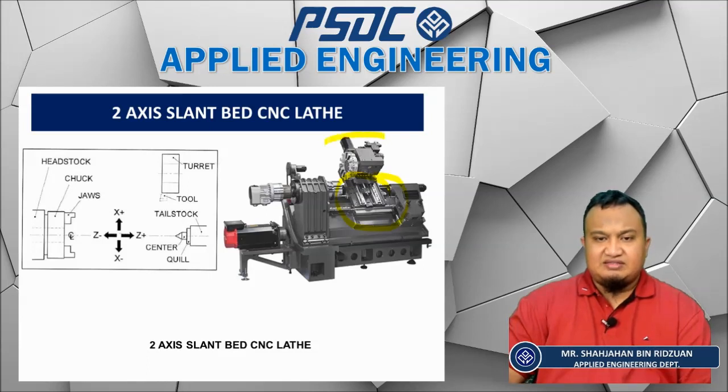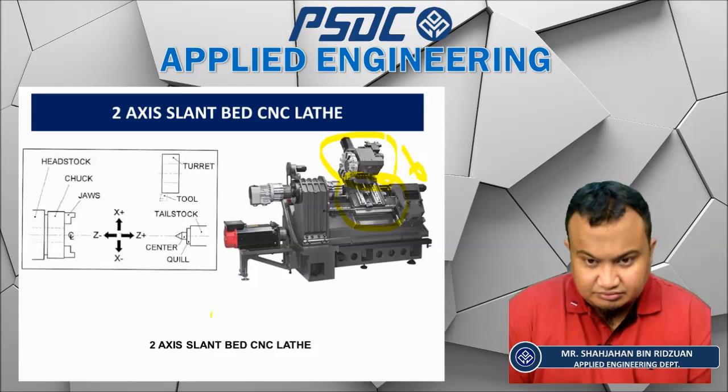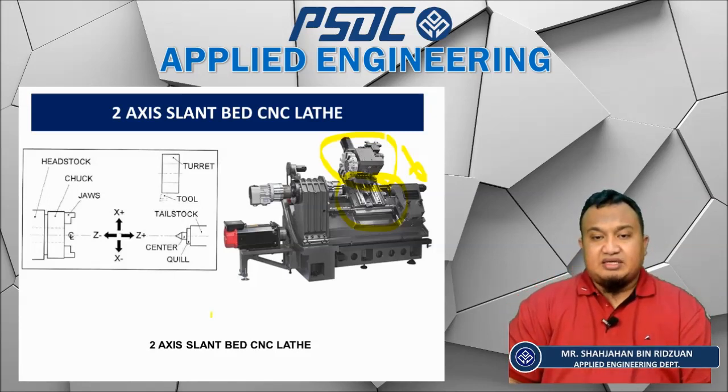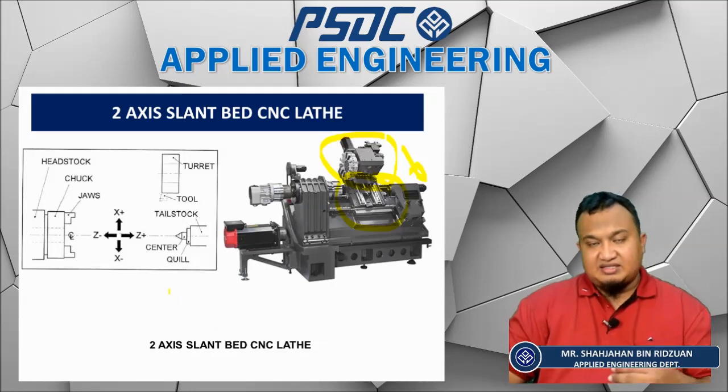You can see this is a turret, and the turret movement goes down along the slant bed. There are pros and cons to using this slant bed. The advantage of this kind of machine is that the chips will not get stuck in the bed because it has an angle.